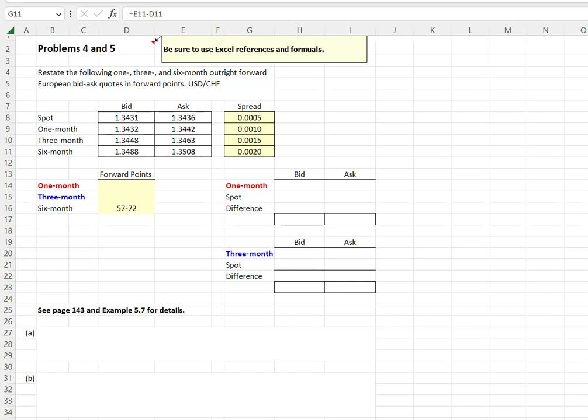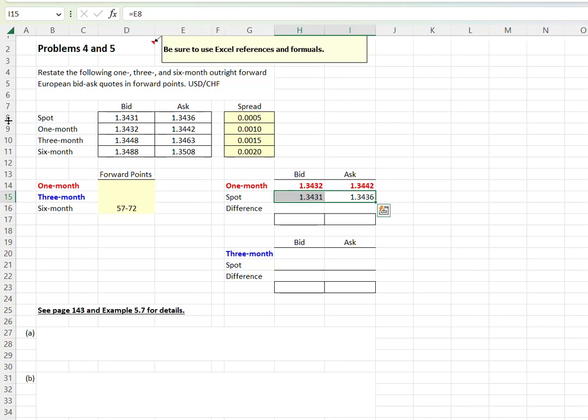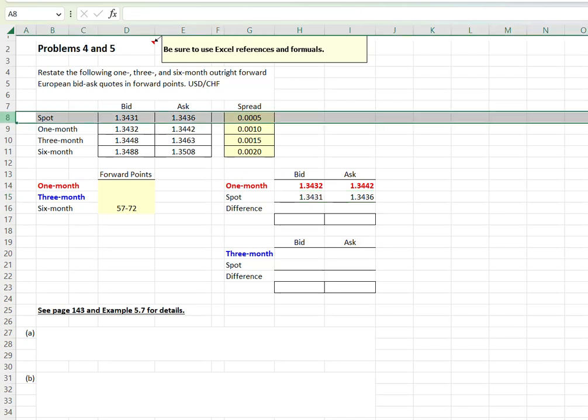Let's go ahead and calculate our 1 month forward points. We begin by taking the 1 month forward exchange rates of 1.3432 and 1.3442, and we compare that to the spot rates of 1.3431 and 1.3436, and we simply take the difference between those two.